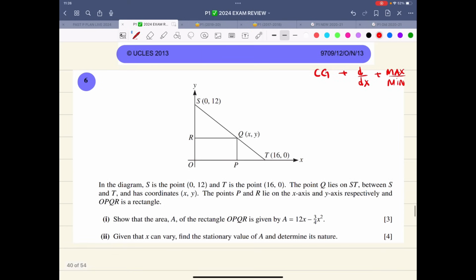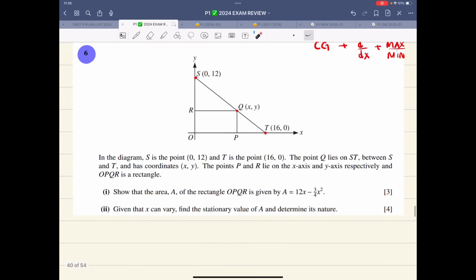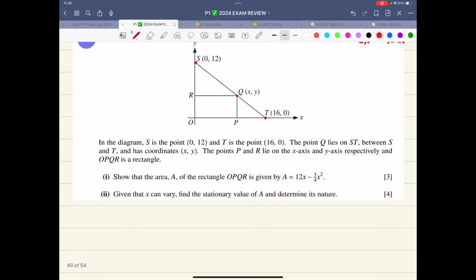First of all, let me mark this point as Q. This is 0, 12 and this is 16, 0. There are two approaches to this. Either I can use the concept of collinear points, or I can find the equation of a line and then plug in Q. So either way it would work. So let me write down that SQT, this is a straight line.